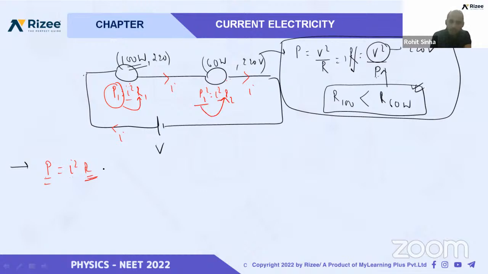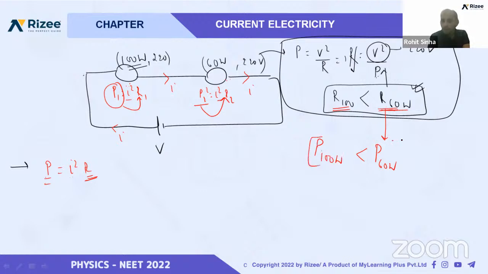You see here, we came to know that during manufacturing the resistance of the 60-watt bulb is more. So more resistance means more power losses, more energy losses will occur at the 60-watt bulb, and more electricity consumption will occur here than at the 100-watt bulb.